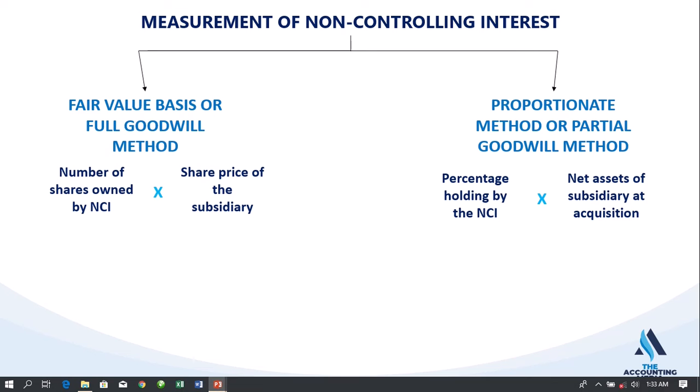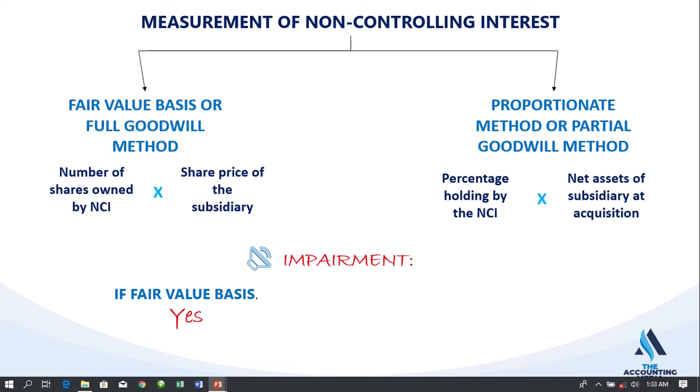This will definitely lead us to impairment. We said if fair value basis is being adopted, what will happen if there is impairment? Impairment will be suffered by non-controlling interest if we use fair value basis, because the goodwill we get as a result of measuring NCI using fair value basis belongs to both the parent and the non-controlling interest, right?